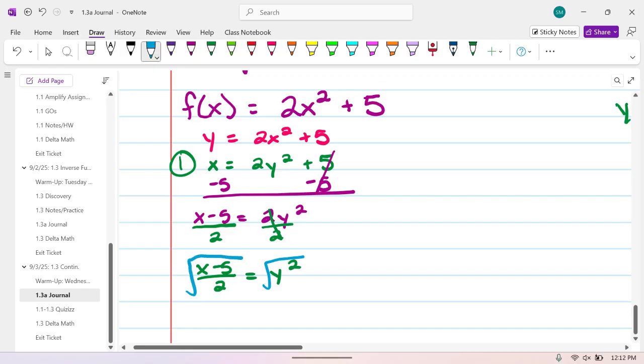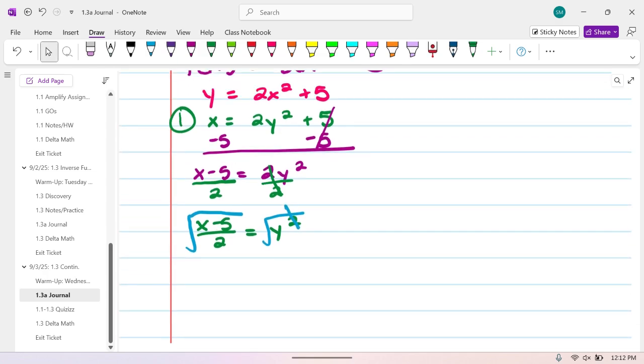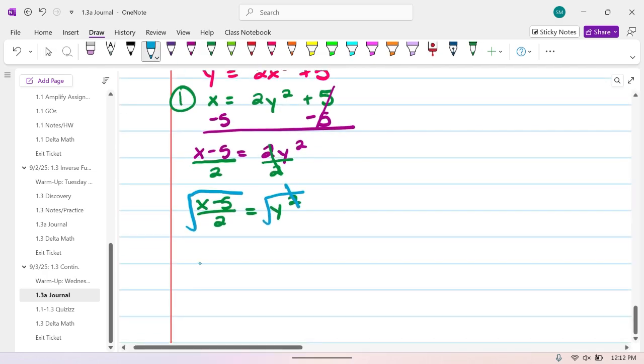And everything on the left side is going to be under that square root symbol. Now, because we're taking the square root of a square, that cancels out. We're just left with the y. So I'm left with the square root of x minus 5 over 2 is equal to y.